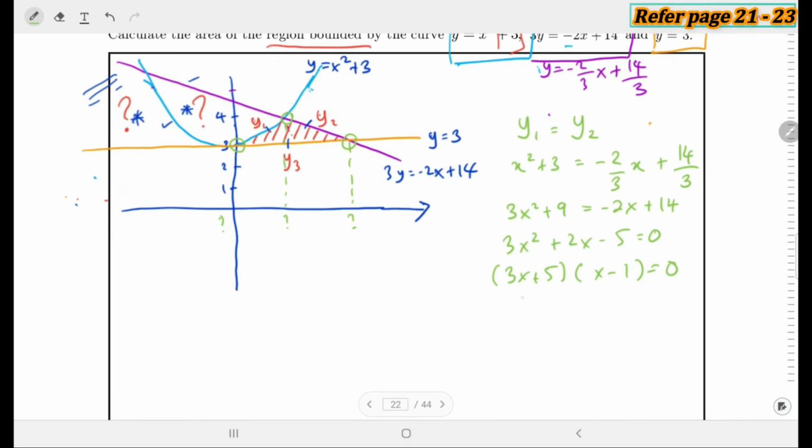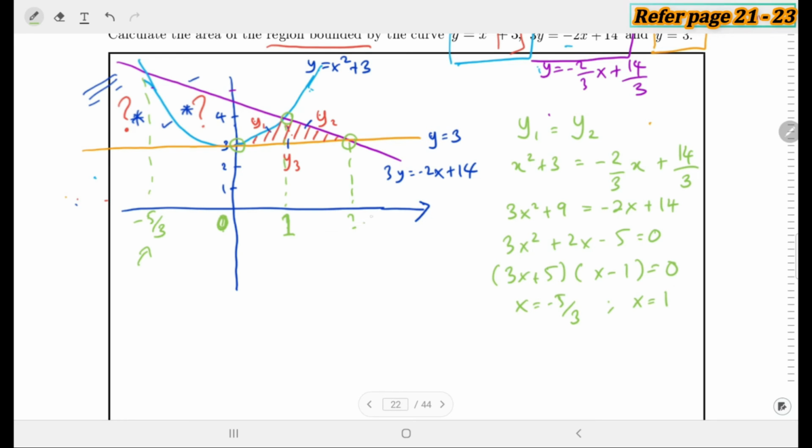So from here we know that x equals negative 5 over 3 and also x equals 1. So the intersection point here is 1. Negative 5 over 3 is actually somewhere here, but we won't use this point as the region is not here. Here is 0, so here is 1.